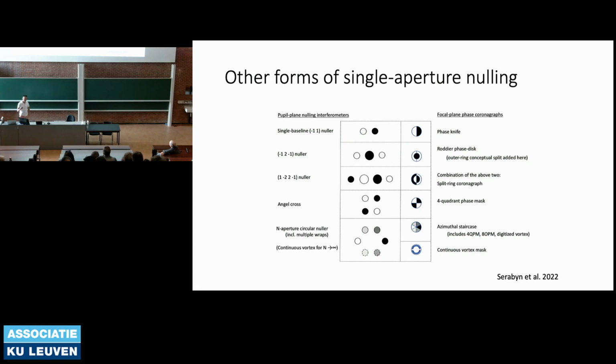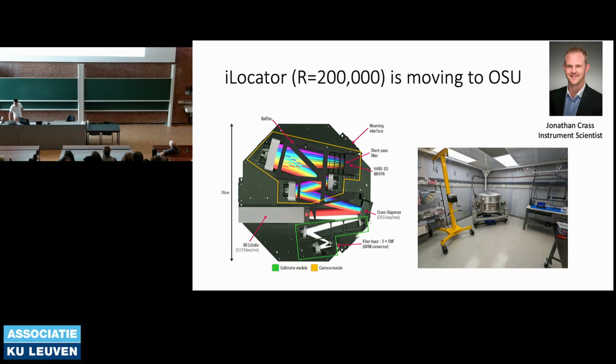And the reason I brought up this idea is that there will be a high resolution spectrograph being built at OSU. This effort is led by Jonathan Cross, who used to be an instrument scientist at Notre Dame, and he moved to OSU and also brought the project.